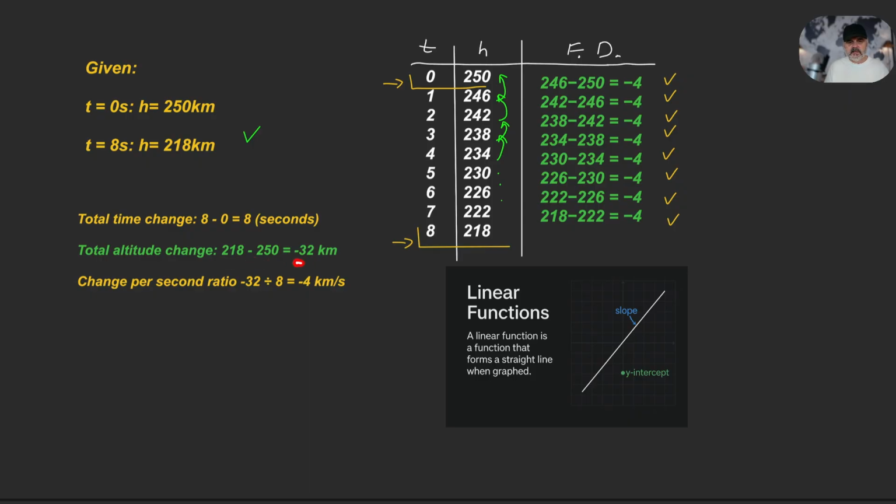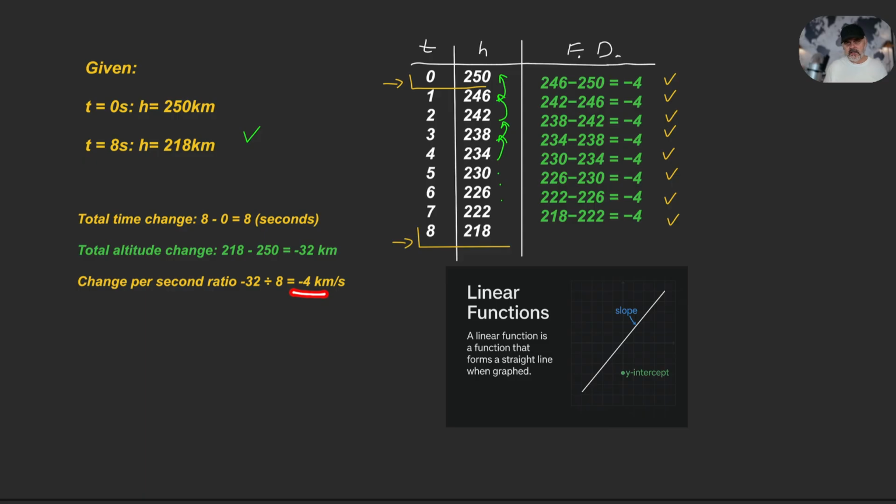So this is because you're decreasing. So you do the last minus the first, and then you get negative 32 kilometers over the course of 8 seconds. So you divide 32 by 8, and you get negative 4 kilometers per second.